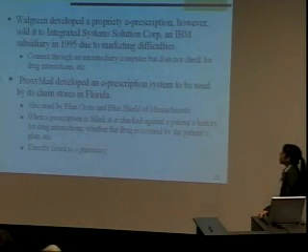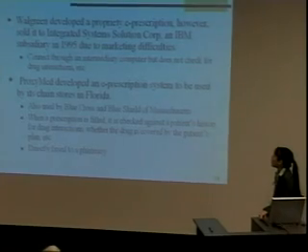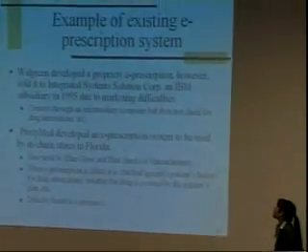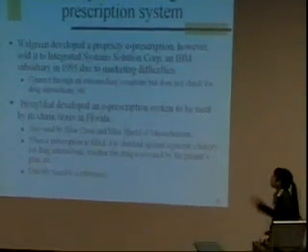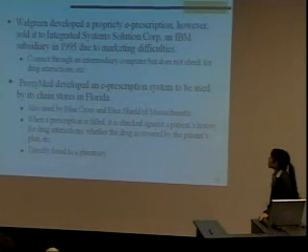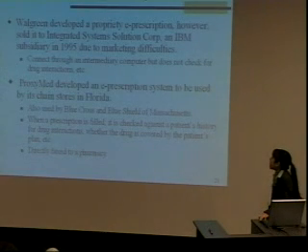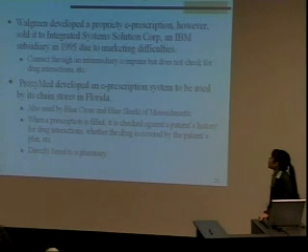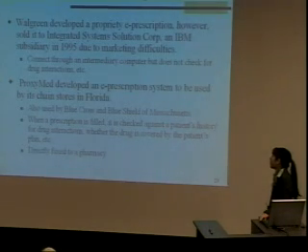One example system is Walgreens. It is a system developed by Walgreens, later purchased by IBM. The difference between the Walgreens system and the system we described before is that the clearinghouse in Walgreens' case doesn't check drug interaction, and instead they just check to see if the necessary fields are filled, and so on.